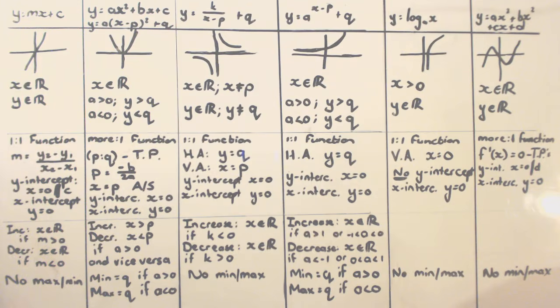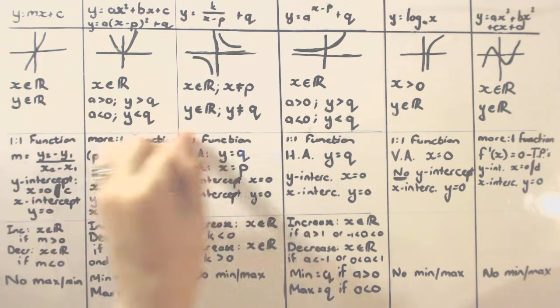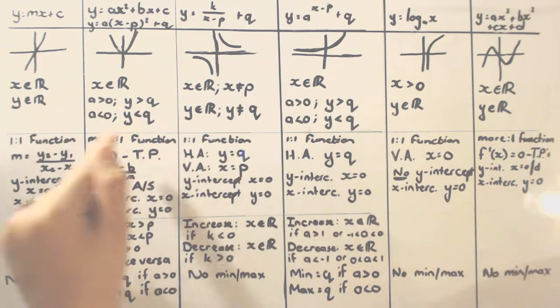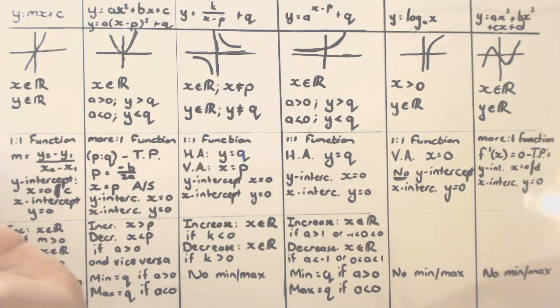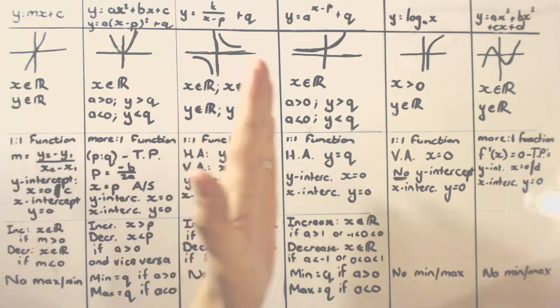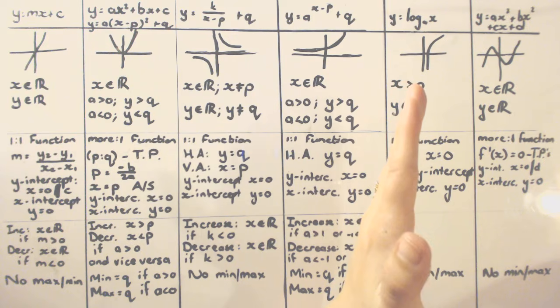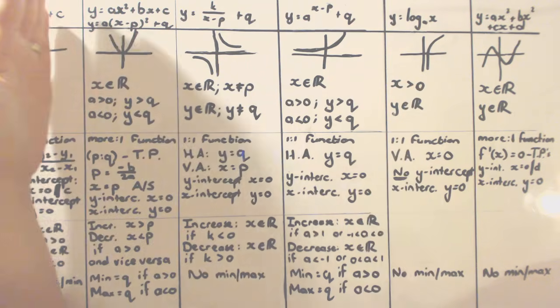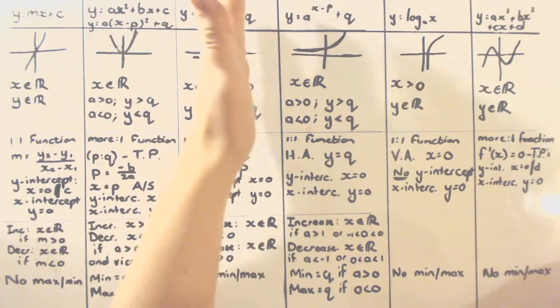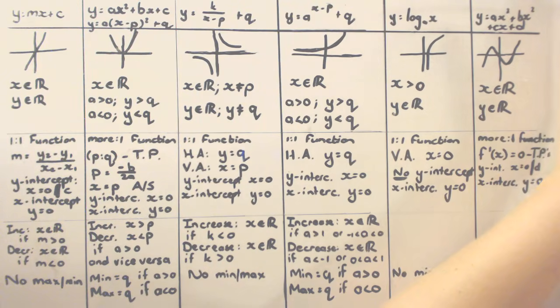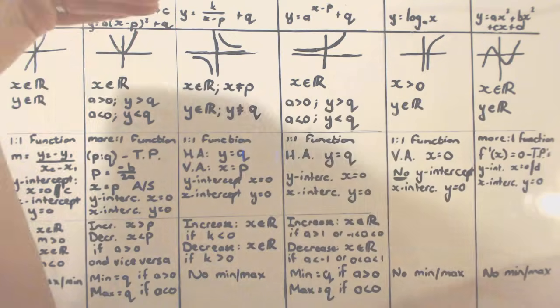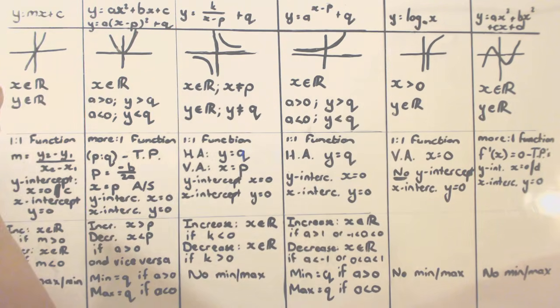Then just talking about the mapping, all of them are functions. We've established that. That is why we are calling this chapter functions. You remember the vertical line test for whether something is a function. Now all of these are functions. If I move a vertical line across, it only touches the graph once. But not all of them are one-to-one functions.